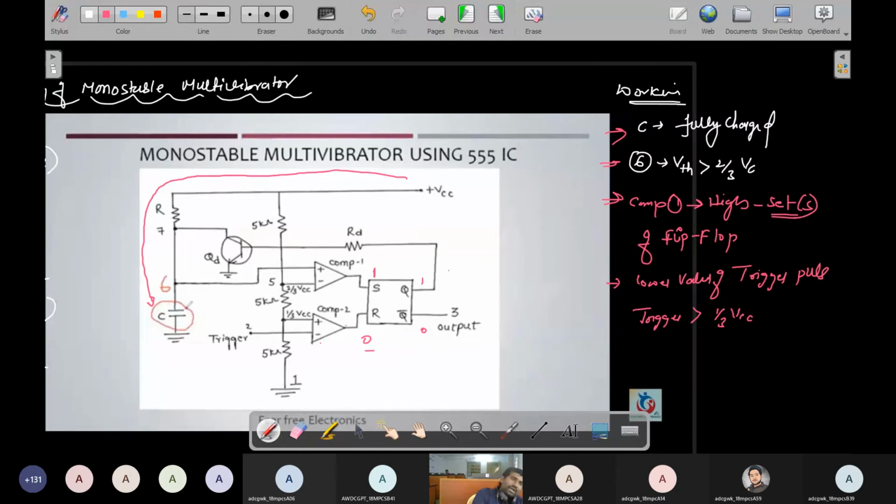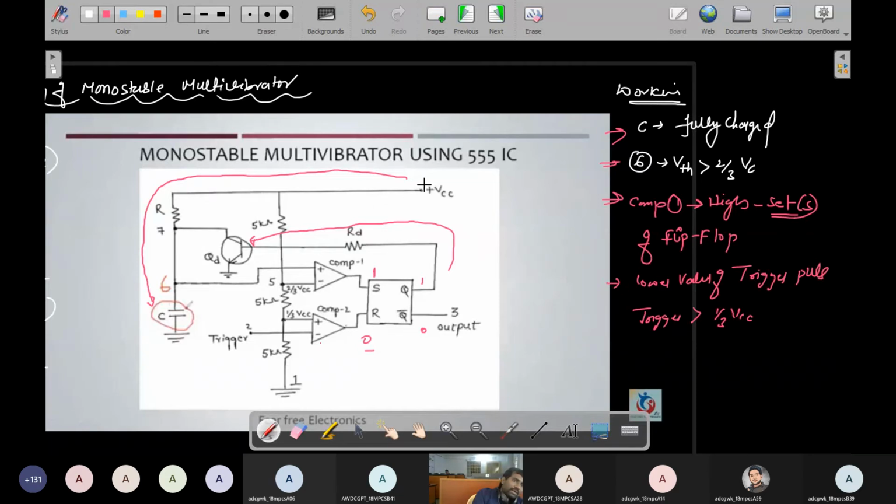So now this 1 is moving in this direction through a resistor, and it is connected to the base terminal of the transistor. Now what will happen if the base terminal of the transistor is connected to high? It is a saturation. So this transistor gets into saturation condition. Once it is saturation, it is short circuited. Now once it is short circuited, then the 7th pin will be closed because the collector terminal is connected to the 7th pin.